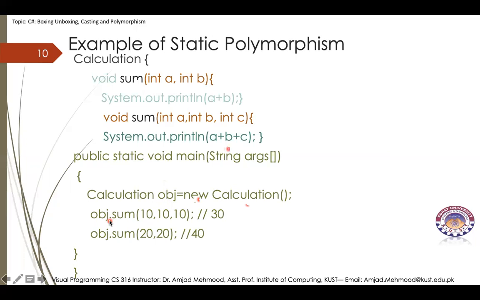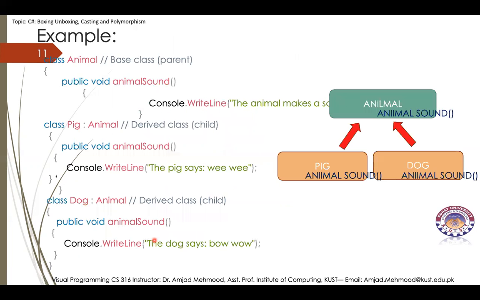As we studied, you have an object name and a method name, and you are binding your object with a method. So now the compiler knows which method will be called. As we have three arguments, the three-argument method will be called, and here we have two arguments, so the two-argument method will be called. This is how the differentiation is done by the compiler.